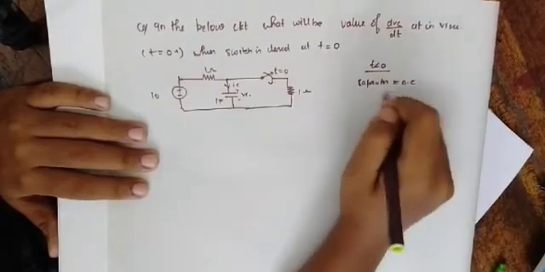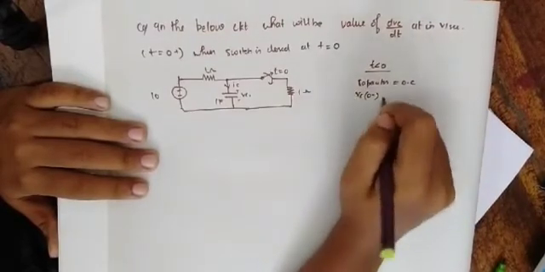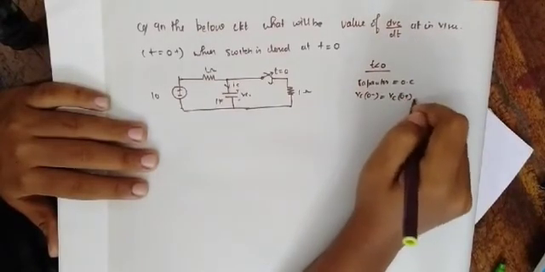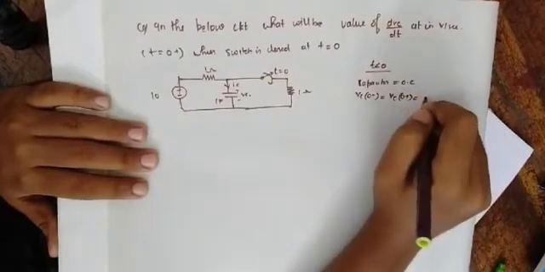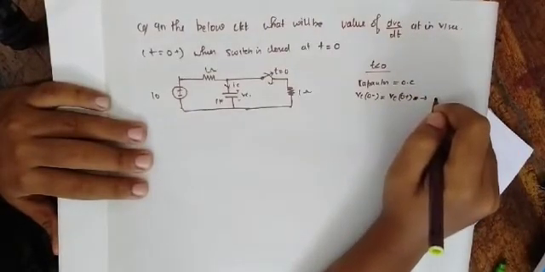open circuited, and Vc of 0 minus, that is capacitor voltage before the switch is closed, and capacitor voltage just after the switch is closed will be the same, because capacitor will not allow sudden change in voltages.